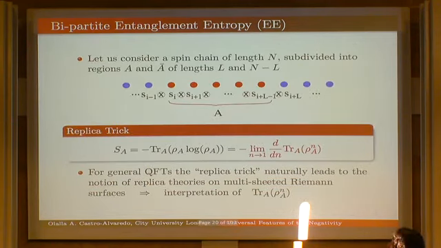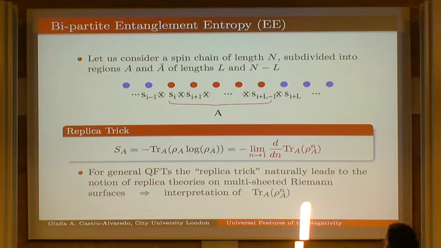Okay, so in particular, another way of expressing all this is that you can get the von Neumann entanglement by taking a derivative of this trace of rho to the n, and then taking the limit when n goes to 1. And the fact that you can do this is often referred to as the replica trick. It leads to a notion of replica theories and multi-sheet Riemann surfaces. I'll talk about this later.